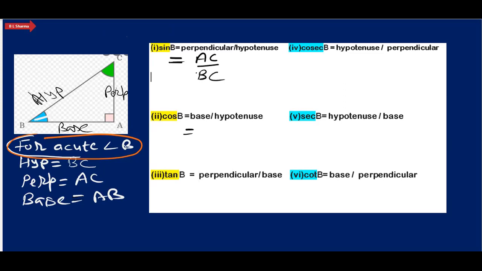Cos B is equal to base upon hypotenuse, so the base is AB and the hypotenuse is BC. Then tan of the angle is equal to perpendicular upon base. So for acute angle B, the perpendicular is AC and the base is AB.